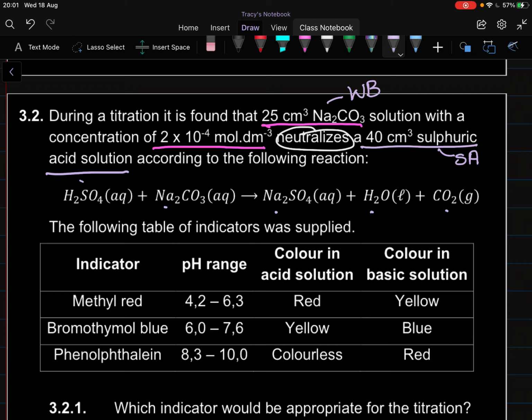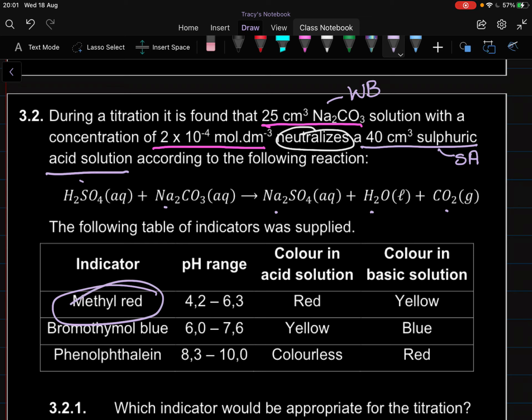We're going to end up with an acidic salt. What does that mean for me? The pH range that we're looking for must be below 7. Has to be methyl red.